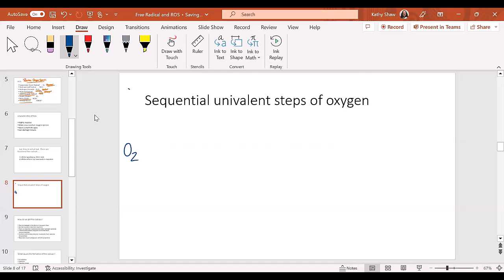So if we add an electron to oxygen, we're going to get that superoxide that we were talking about. So we get the minus, and we designate the electron. So this is our superoxide. Then it's an anion, it's a free radical. Probably we should write that.